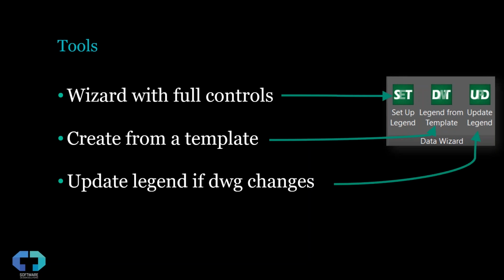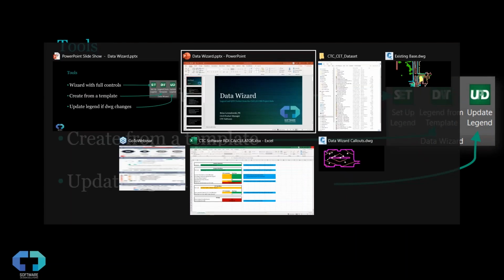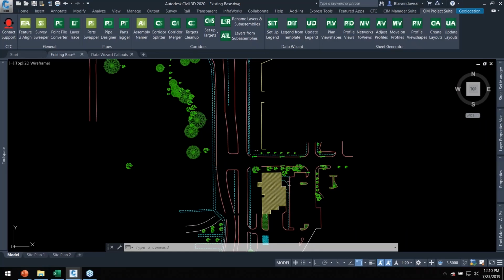And then the Update Legend: if something changes in your drawing and you need to refresh that table, you can run that and it'll rebuild that table for you. So these are dynamic tables. So with that, we're going to jump into Civil 3D and take a look at how Data Wizard works.